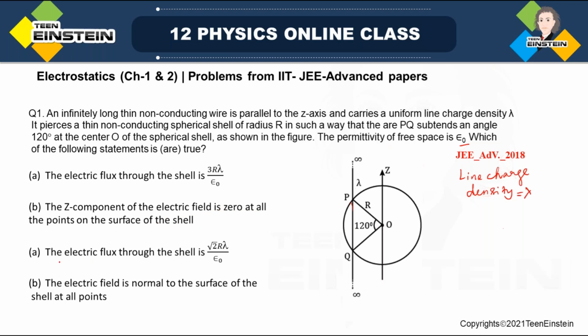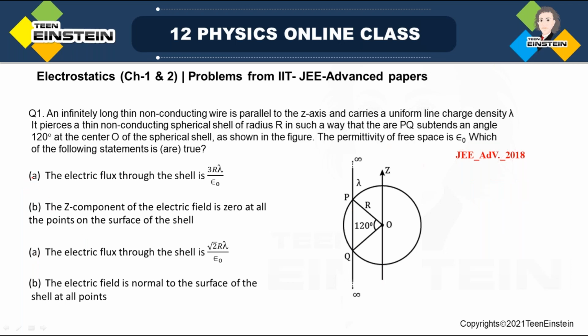We'll see that. And then there are two options with electric flux, and the electric field is normal to the surface of the shell at all points. All right, we'll see which are the right options.